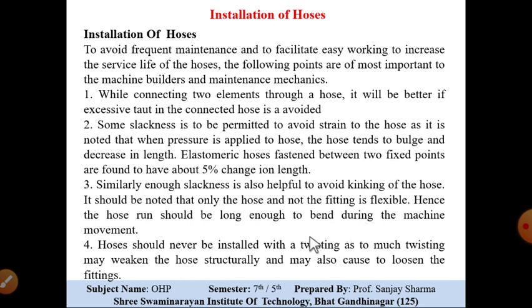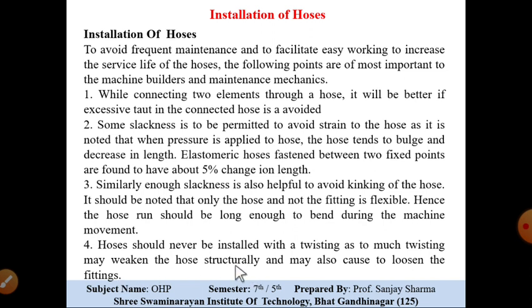While tightening we apply torque at both ends, so twisting takes place, and if the twisting is high enough, it will weaken or loosen the fittings. So it's very important to keep in mind that while tightening, the hose should not twist so much that it weakens structurally.